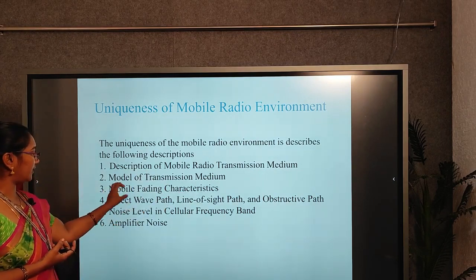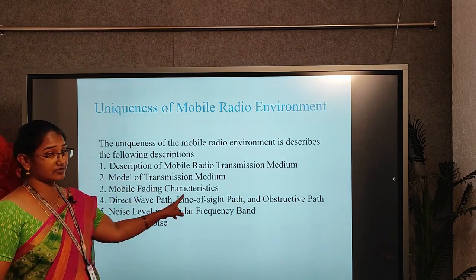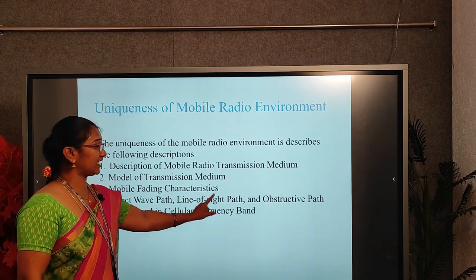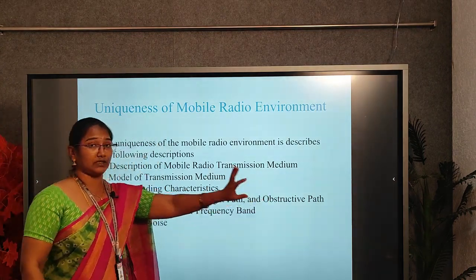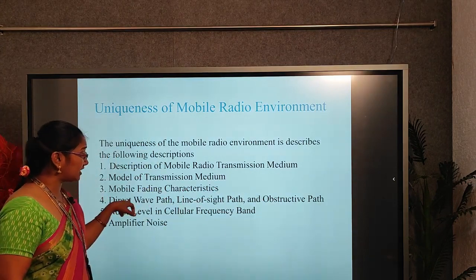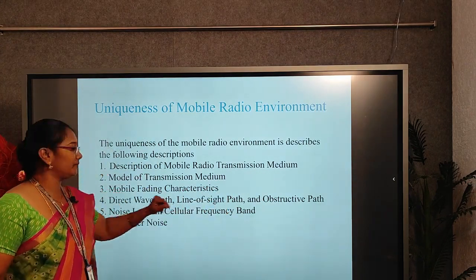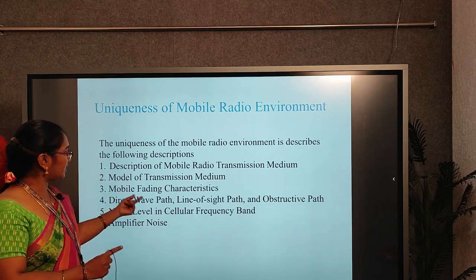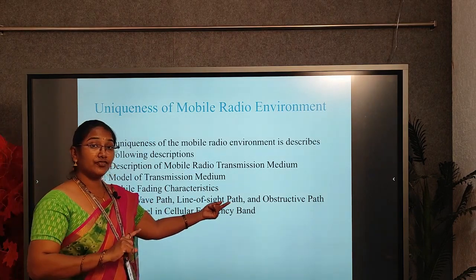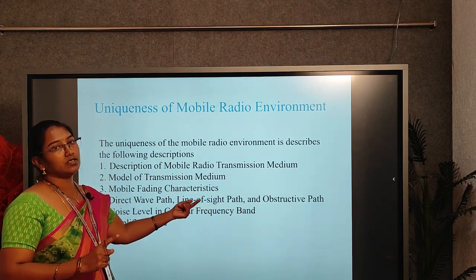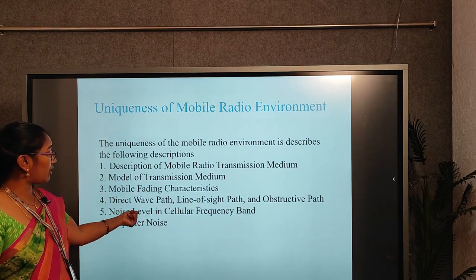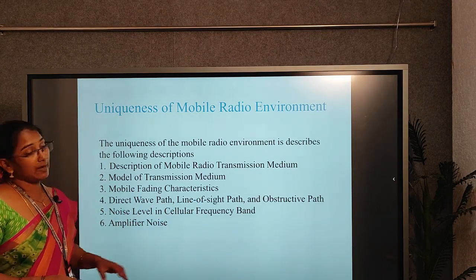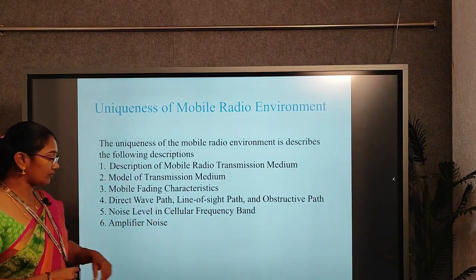Next, mobile fading characteristics: direct wave path, line of sight, and obstructive path. These are the three types of paths that the signal travels. In different paths, different strengths will be received by the mobile unit. Next, noise level in the cellular frequency band, and next, amplifier noise.